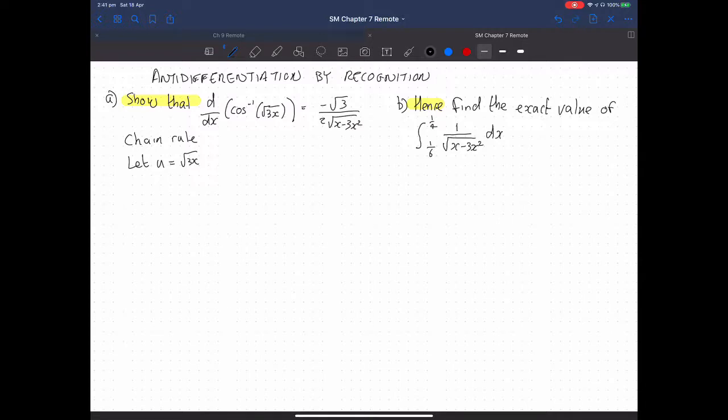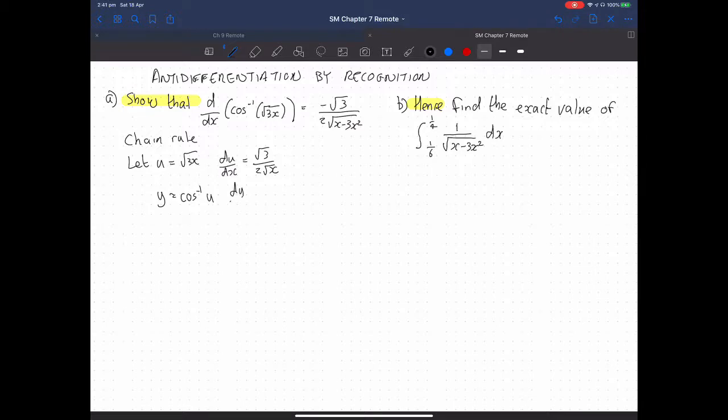So if I differentiated that, I would get du/dx. du/dx would come out to be root 3 on 2 root x. Now, the other thing I would have would be y would equal inverse cosine of u.